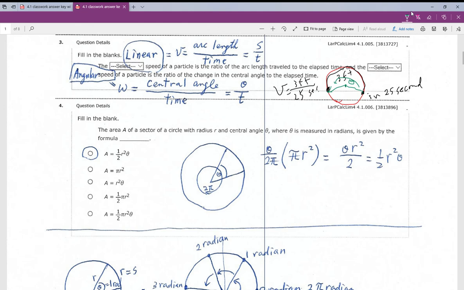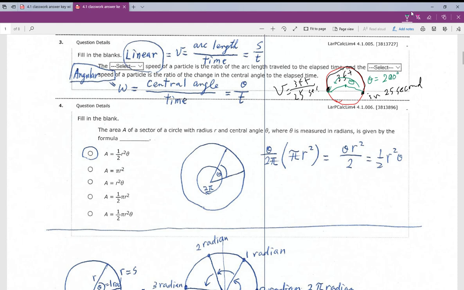So in 25 seconds, how many degrees do you actually go through? Say this angle looks like more than 100, right? It's more than 180. We say 200 degrees.